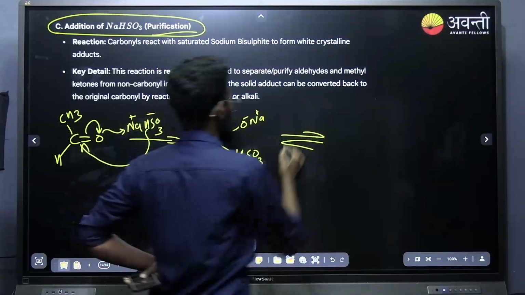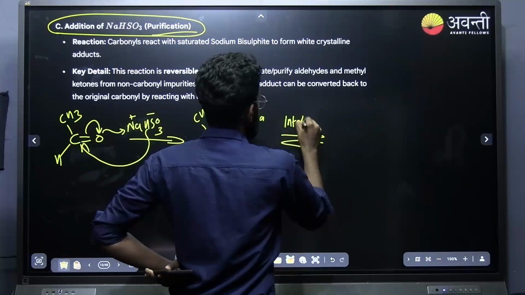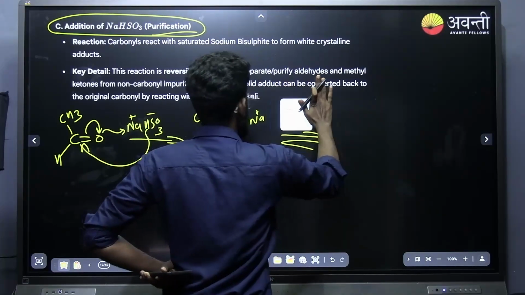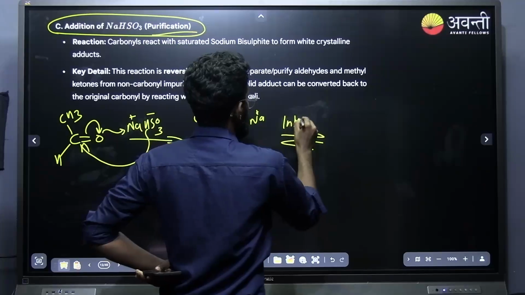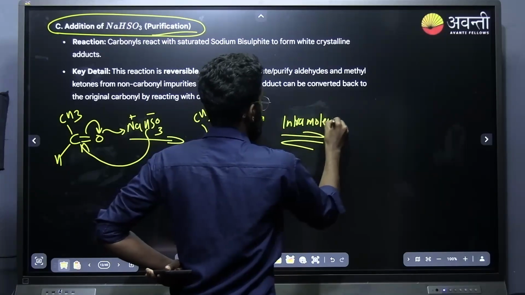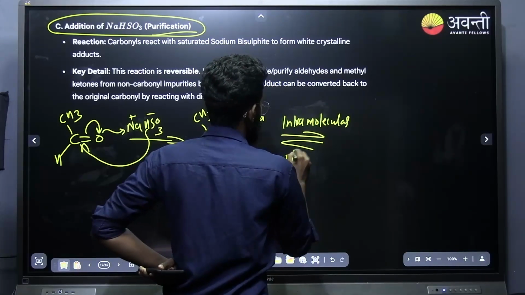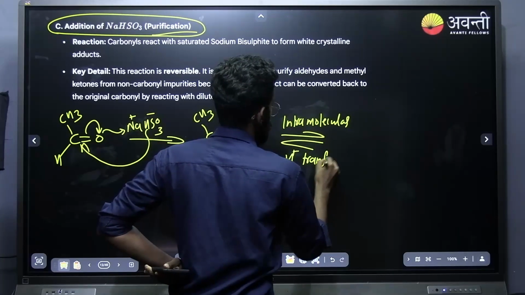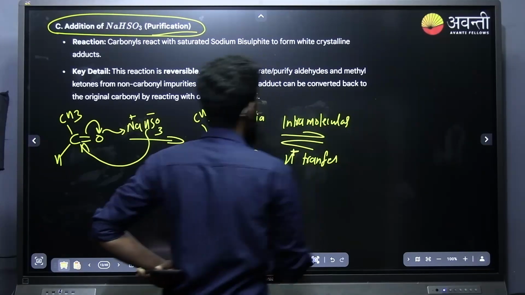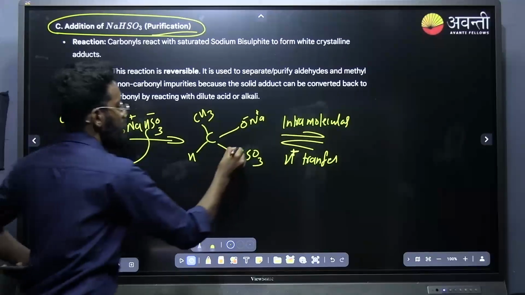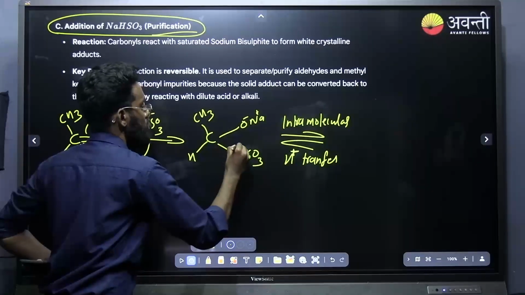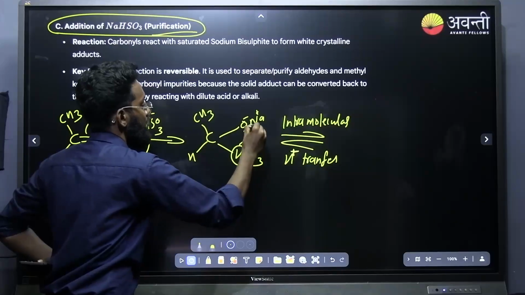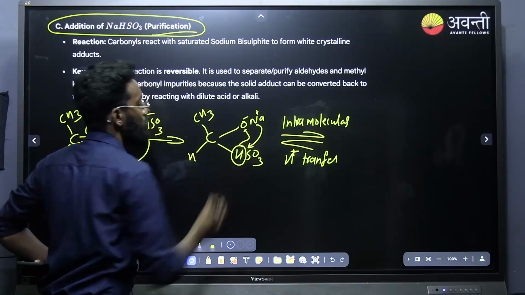In this one, what is happening? Intramolecular proton transfer will be taking place. Here this hydrogen, which is a proton, will be moving to this oxygen, and Na plus will be coming and attaching on SO3.